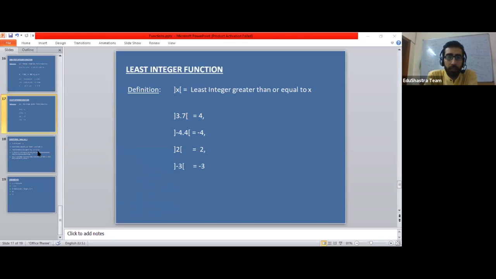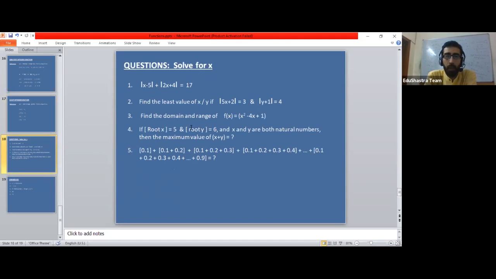Then let me just ask you these questions. Some good questions here. We've already done one, so we're going to attempt one. Please try the other 4. Sorry, in question 4 and 5, the square bracket represents the greatest integer function.